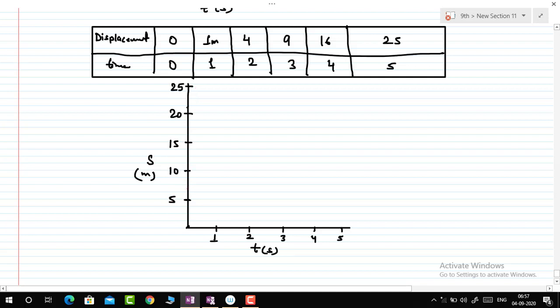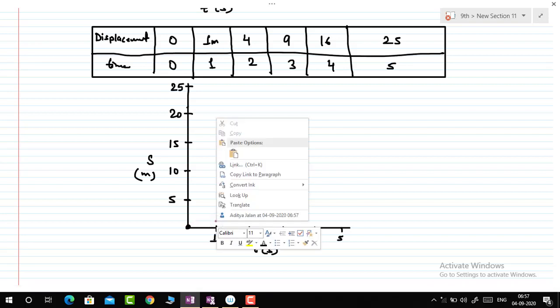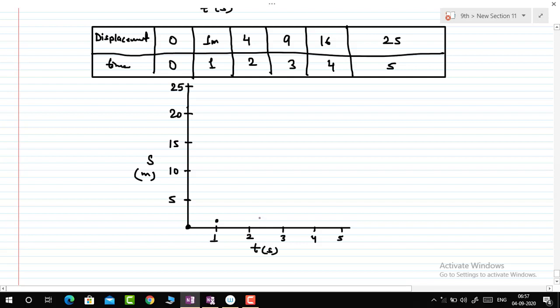So for 0 time, the displacement is 0, so 1 point will be here. For time equals to 1, displacement covered is 1, so it is somewhat here, approximately. Okay, for time equals to 2, displacement is 4, so it will be below 5. Now for time equals to 3 second, displacement is 9, so it will be below 10.